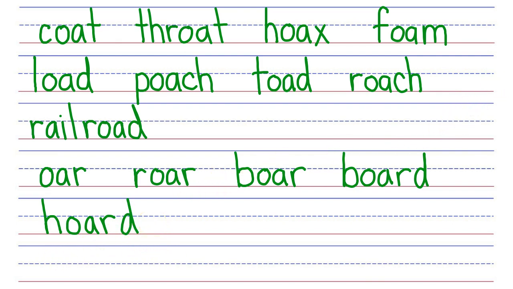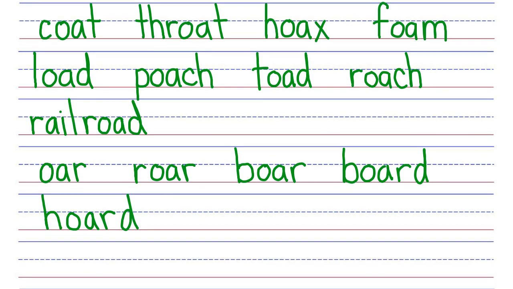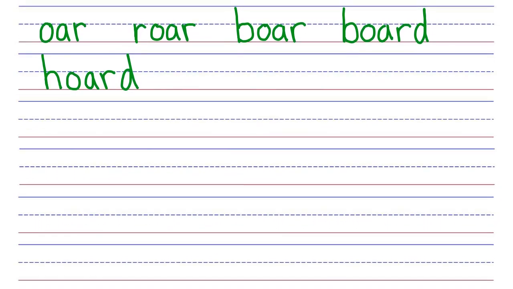Now, the OA phonogram has one exception to the rule that OA makes a long O sound, and that is in the word broad. Broad is spelled B-R-O-A-D.